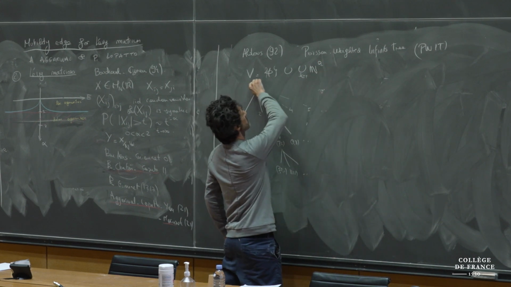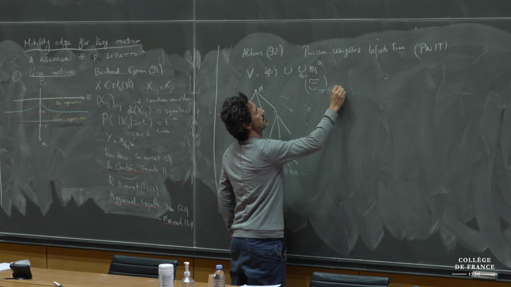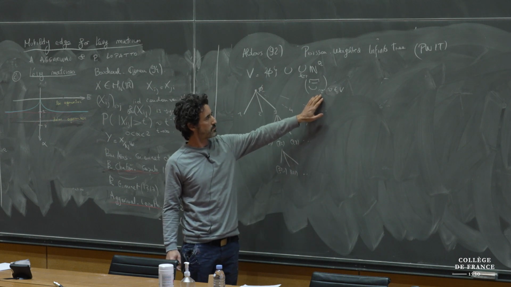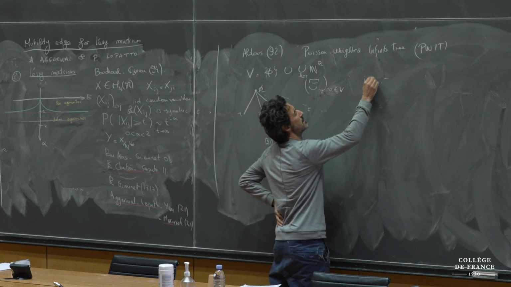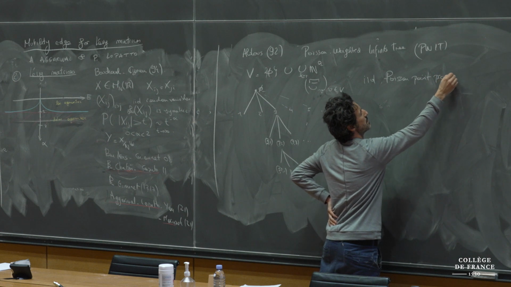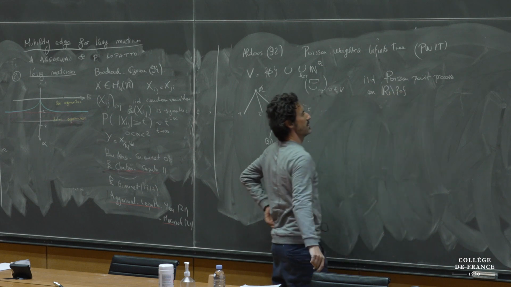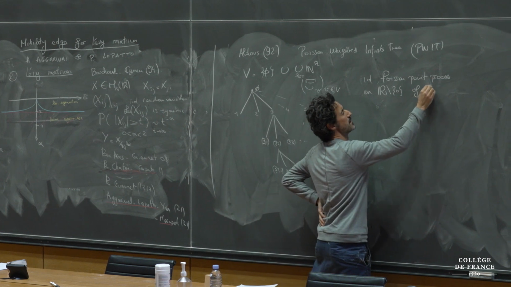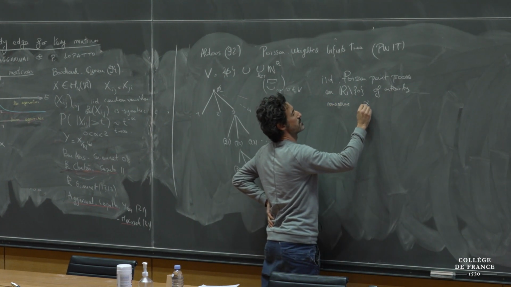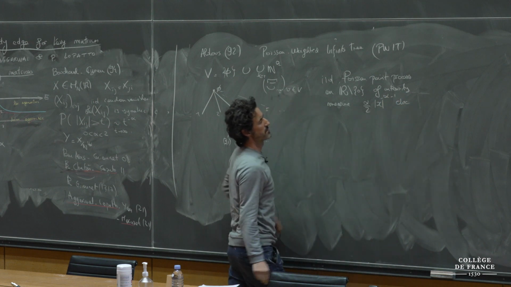So to each vertex V in this vertex set, I associate an independent Poisson point process on R without 0, of intensity measure alpha over 2 times the absolute value of x to the power alpha over 2 minus 1, dx, which is Lebesgue measure.